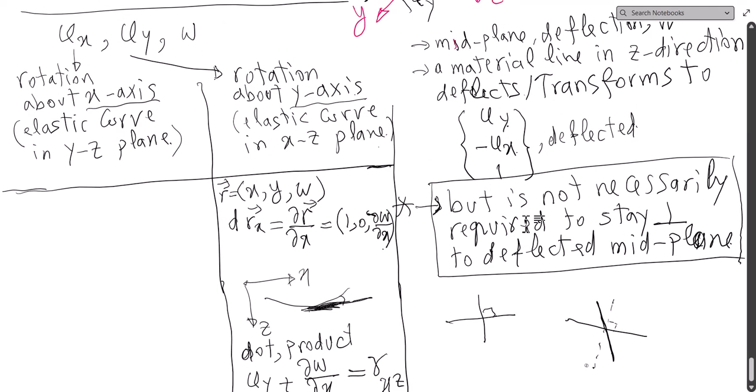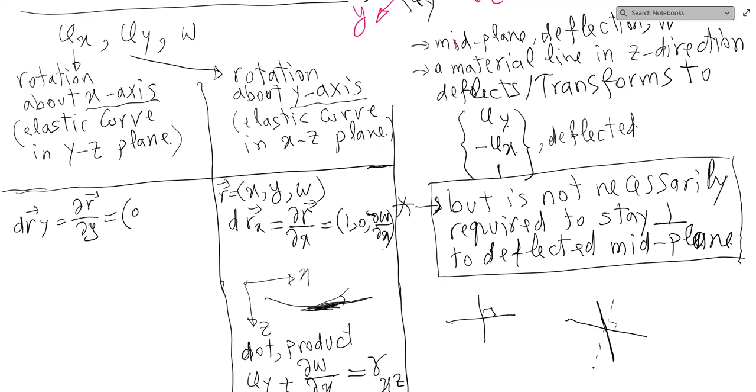Okay, so similarly, for r, we calculate here dRy, which is dr, the same r, dy, and this becomes 0, 1, and dw dy.